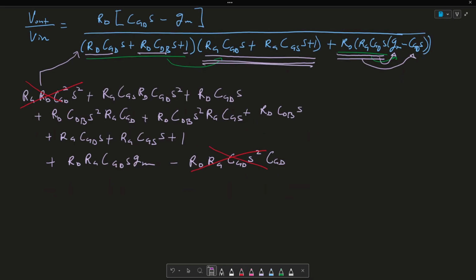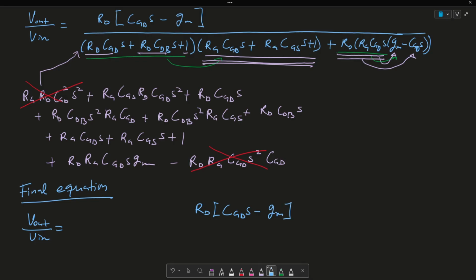So now what I can do is write my final equation. I can say that V out over Vin is equated to this RD times CGDS minus GM.